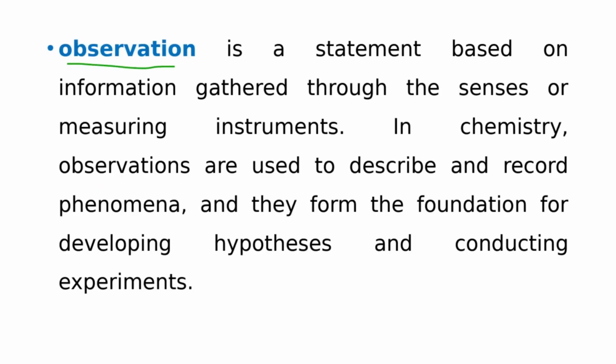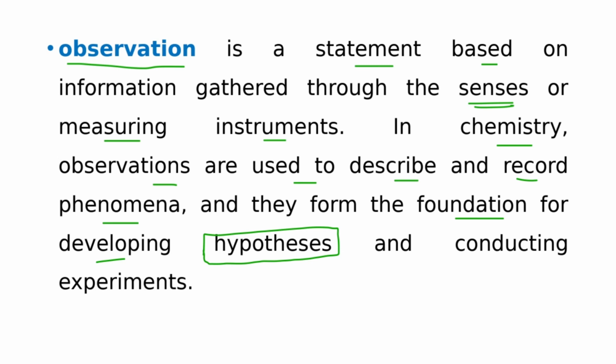Let's start with the word observation, which is one of the most important steps in science. It is a statement based on information gathered through senses or measuring instruments. Now in chemistry, observations are used to describe and record phenomena, and they form the foundation for developing a hypothesis, which we are going to study later today, and conducting an experiment, which we are going to study later today as well.